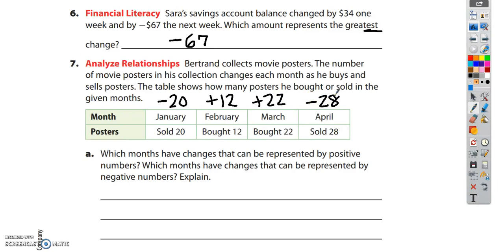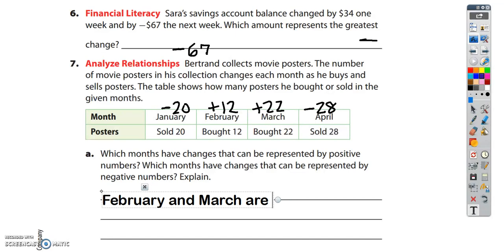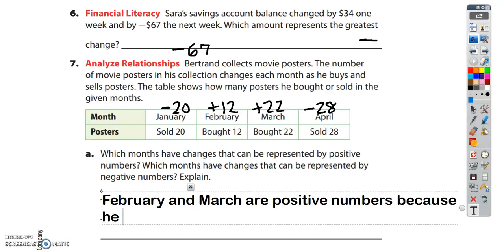Question A says, which months have changes that can be represented by positive numbers? Which months have changes that can be represented by negative numbers? So I would say that the positive numbers would be February and March. I'm going to be a lot faster if I type it, and I'll just type as neatly as I can. February and March are positive numbers, and it says to explain, and I would just say because he added to his collection.